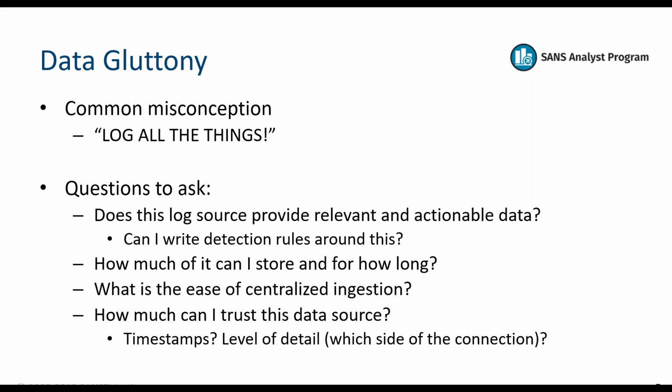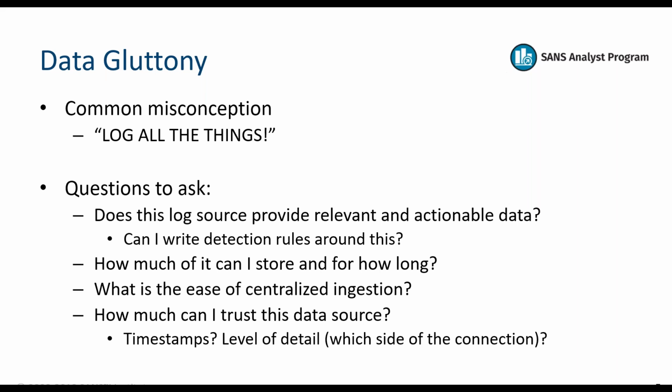How much can I trust this data source? Sometimes I get questions about this. Timestamps can be misleading. Depending on that logging source and the network perspective of that logging source, you might have some skews in how it's logging or even recording timestamps. You have some interesting logs that might show activities someone took interactively on that system, but the timestamps don't correlate correctly to the rest of that system.